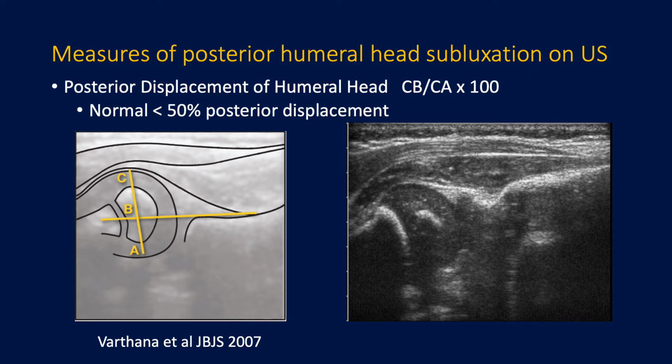This is calculated by, again, drawing that line along the scapula through the bony glenoid and drawing a second line perpendicular to this, measuring the size of the humeral head, and then calculating a portion of the ratio of the humeral head that lies posterior to the scapular line versus the entire diameter of the humeral head. A normal measurement would be less than 50% of the humeral head lying posterior to the scapular line.